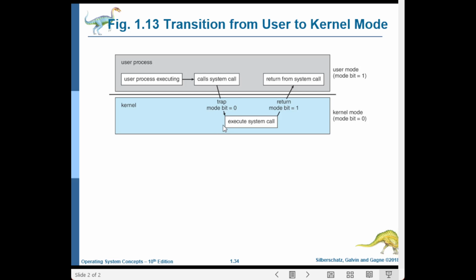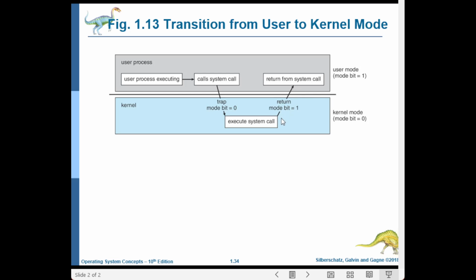So after the operating system finishes executing the services needed by the user process, it will change the mode bit from 0 to 1. This indicates that the control that belonged to the operating system is passed back to the user process.